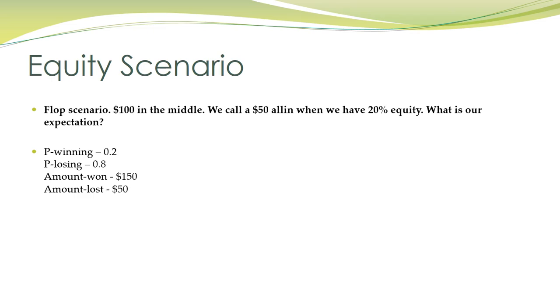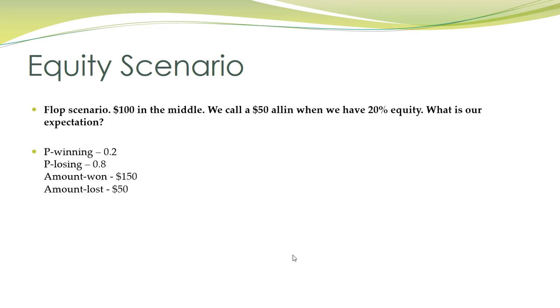Amount 1. You have to be a little bit careful here. We know that there is going to be 200 in the middle, but we're not winning 200. We are going to be winning the 100 that's already in the middle and also the $50 that our opponent is betting. So we're actually standing to win $150 if we win at showdown here. Amount lost, that's just the amount we are calling, which is $50 in this case.